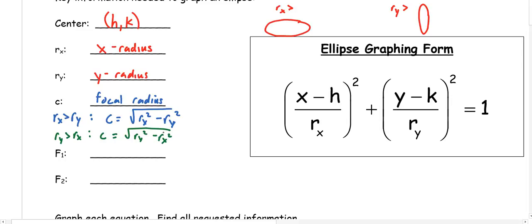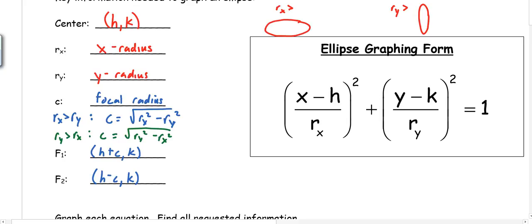To find the points of our focus, or foci, if rx is greater, we're going to have (h plus c, k) and (h minus c, k). So if rx is greater, we're adding and subtracting the focal radius from our x coordinate.